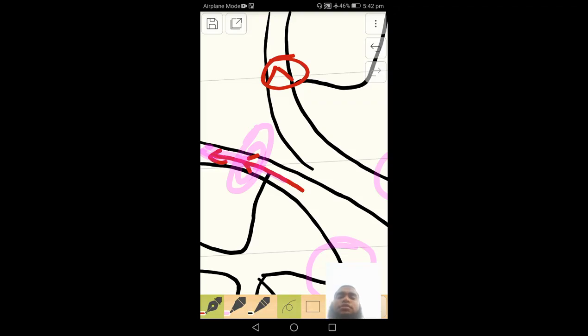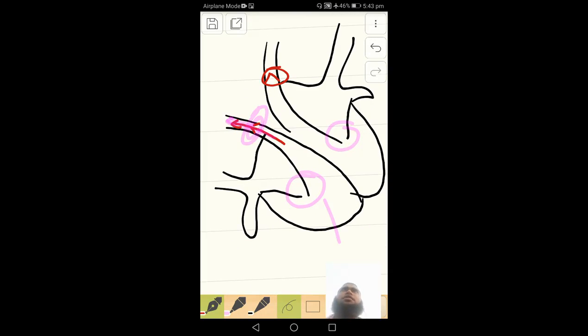Now let's see what happens inside an organ after the blood comes out of the heart through the arteries and goes into an organ.